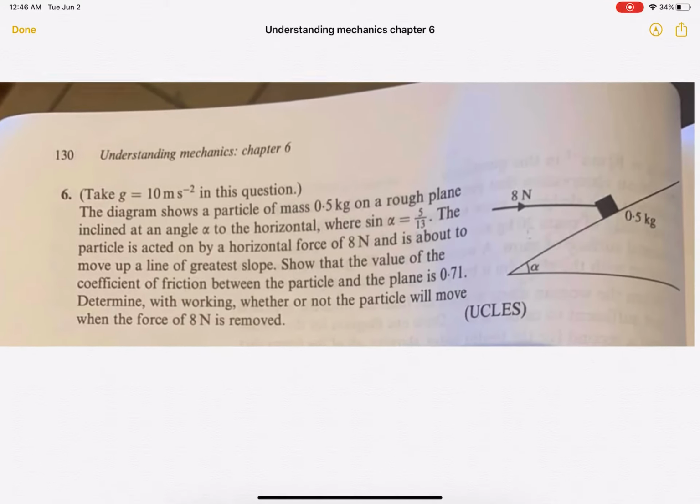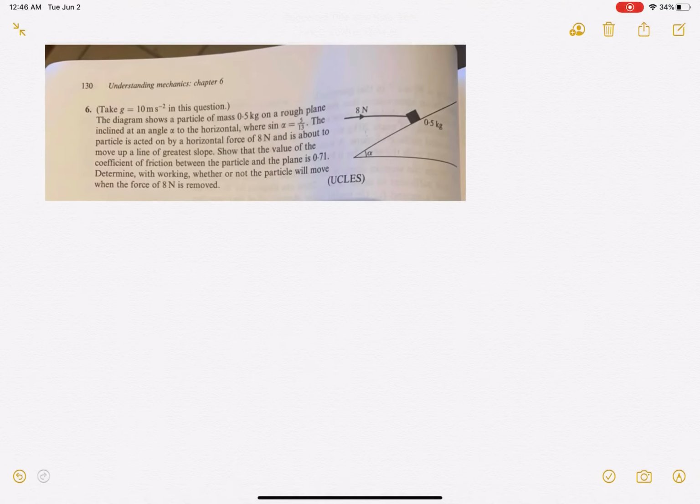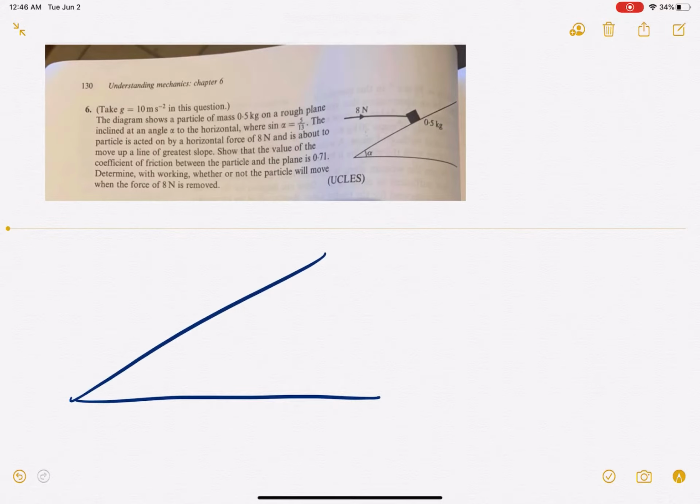So let me first mark the forces acting on this particle. So here's my inclined plane. First, the weight acts downwards, which is 0.5 g. In this case it's going to be 5 newtons, because they want us to take g as 10. I'm going to resolve this into perpendicular directions.